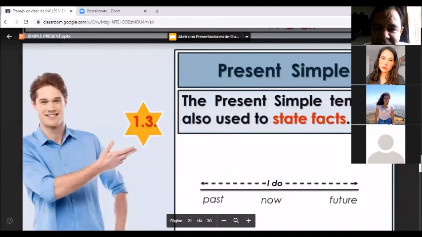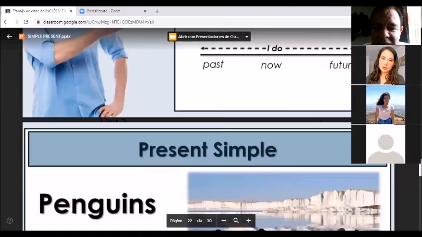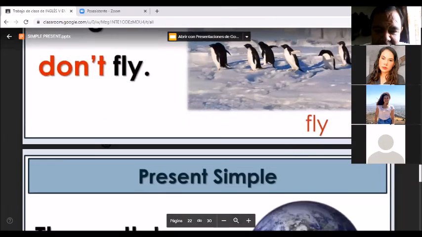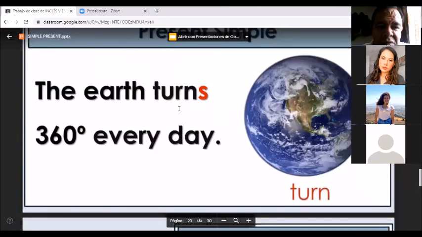The present simple tense is also used to state facts, like penguins don't fly. They are birds, but they don't fly. The earth turns 360 degrees every day.